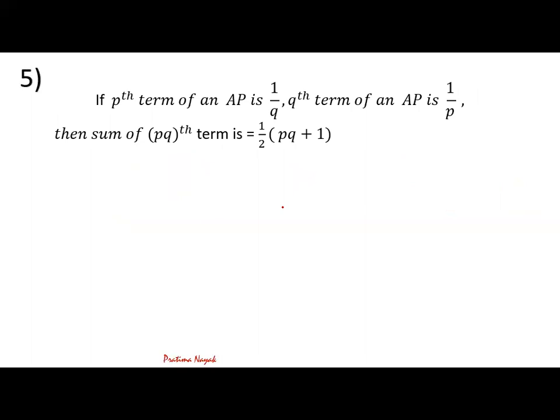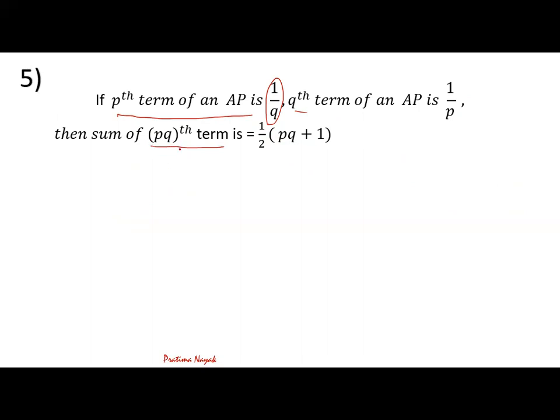Now, next: if the pth term of an AP is 1 by q, and the qth term of the AP is 1 by p, then the sum of pq terms is half of (pq plus 1). If you recall, this was a question in Class 11 where you have proved it. So I am not proving any formula here.